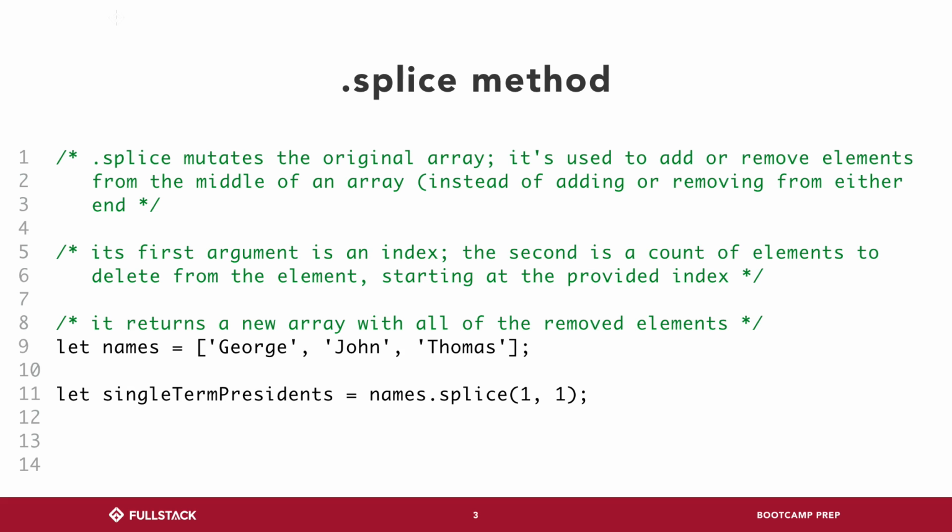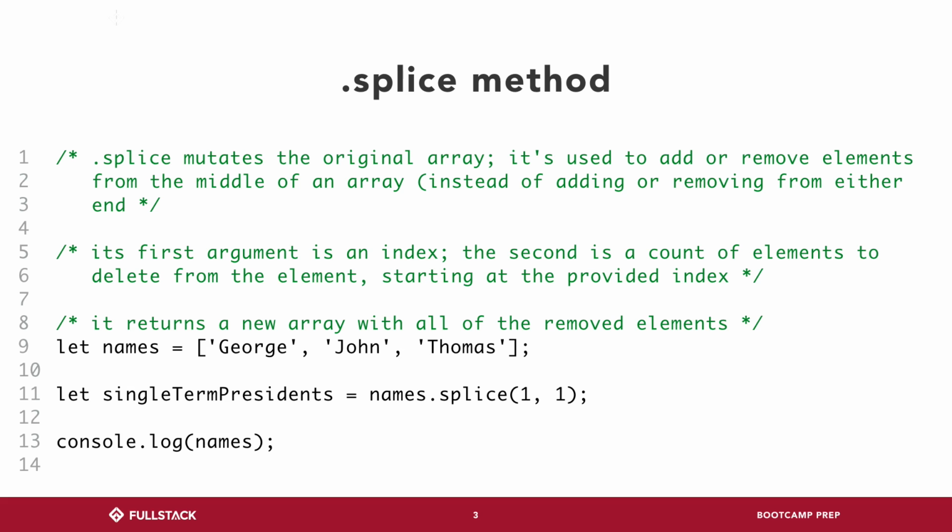But yeah, this splice method mutates the original array. So basically, when you do splice, you have your index that you start at, and then however many you want to remove from that index. So this one goes from 0, 1, and then it removes 1, so it should cut Thomas off the end.